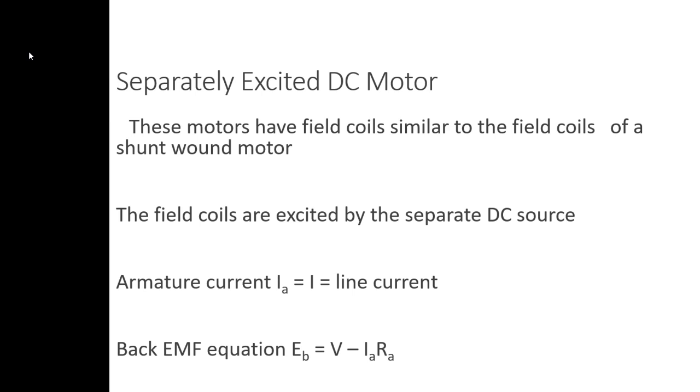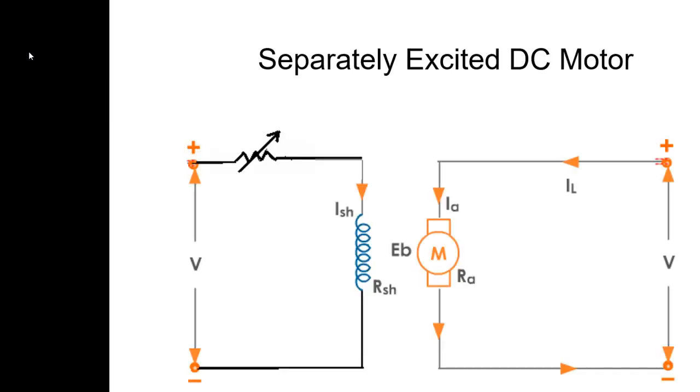Now we'll see the circuit diagram. This is the circuit diagram. It is the same as that of the shunt field winding, which is excited separately by some voltage source. As this is a motor, we have to give supply to the armature and also to the field.